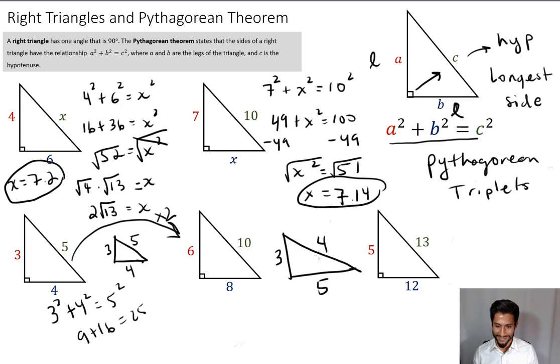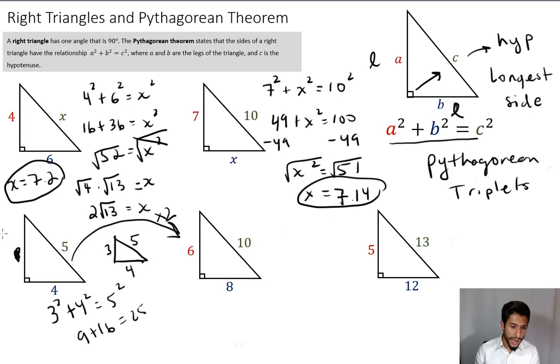That's not right. The hypotenuse has to be the longest side. So the 3, 4, 5 only works when 5 is the longest side, right? The 3 and the 4, the smaller legs, they can interchange. It doesn't matter. This could technically be 4, and that could technically be 3. That's fine, as long as the hypotenuse is 5.